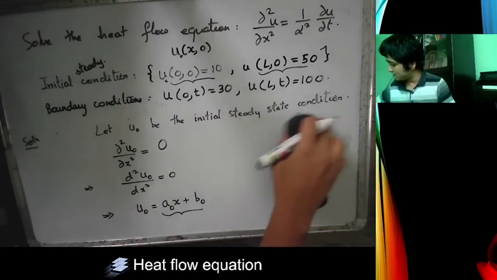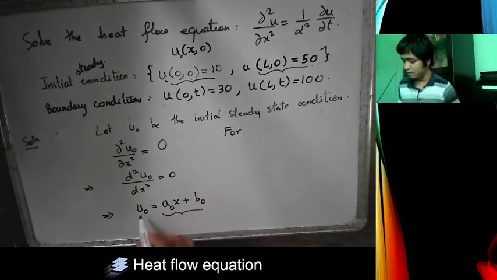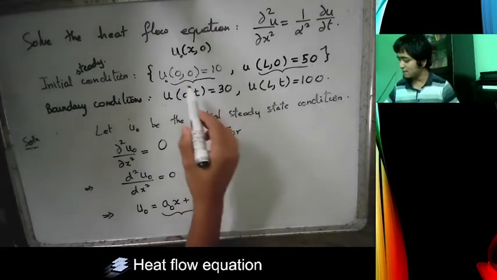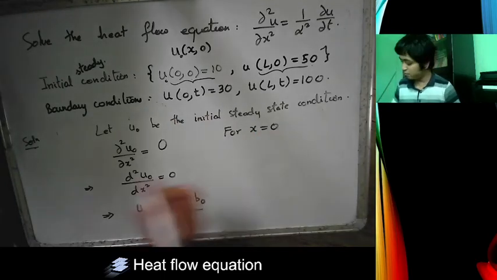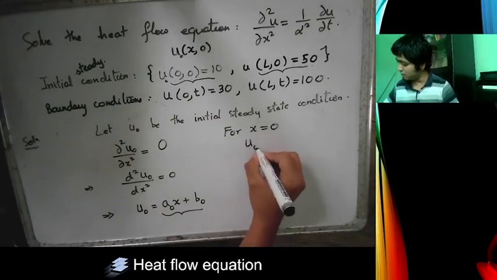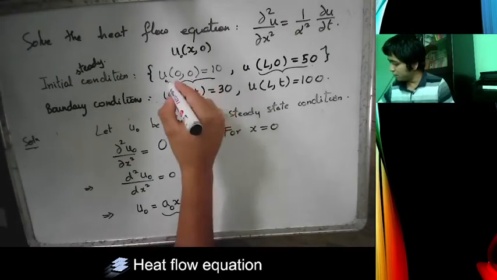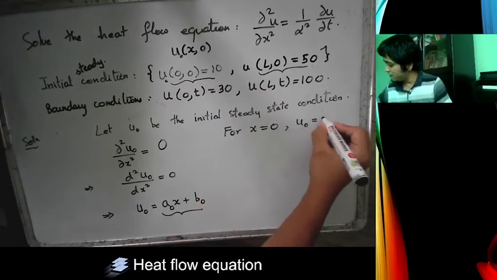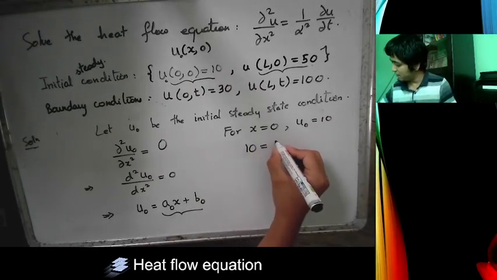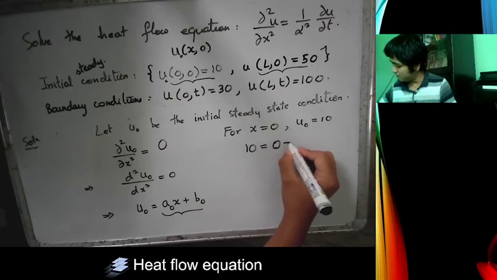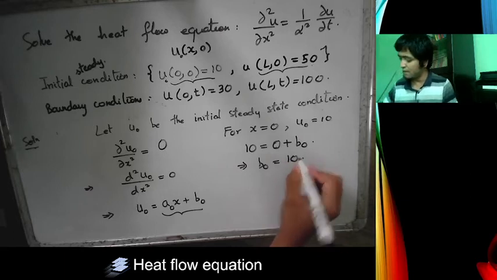Let us write it here. For x equal to 0, u0 only depends on x, so you will have u0 equal b0. For x equal to 0, u0 will be equal to 10. So substituted in this equation, you will have 10 equal 0 plus b0, which gives us that b0 will be equal to 10.